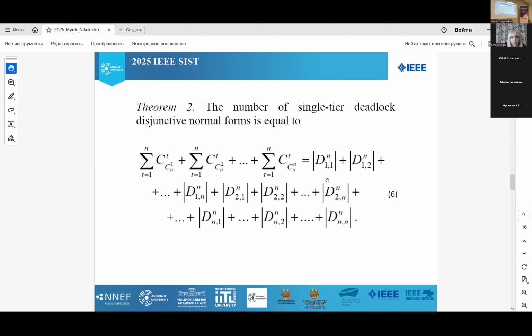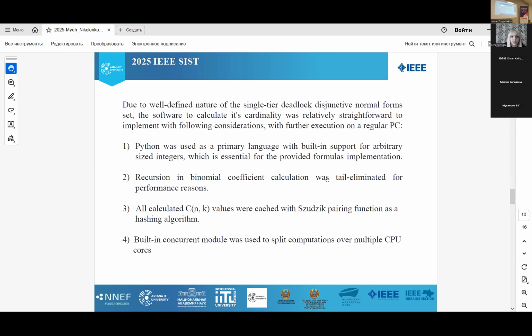Due to the well-defined nature of the single T deadlocked disjunctive normal form set, the software to calculate its cardinality was relatively straightforward to implement, with further execution on a regular PC. Python was used as the primary language, with built-in support for arbitrary-size integers, which is essential for the provided formulas' implementation.